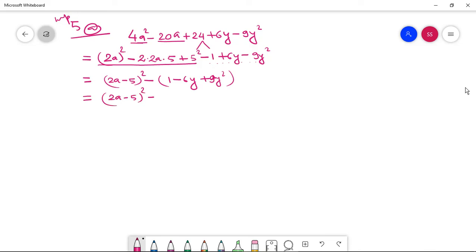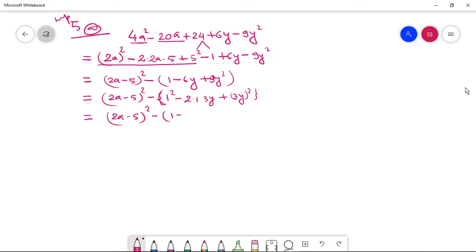There is no problem with the plus sign, but in the case of a minus sign we need to insert a bracket because the sign will change. So we can arrange this: 2a minus 3y, and minus 5 plus 1 is minus 4.